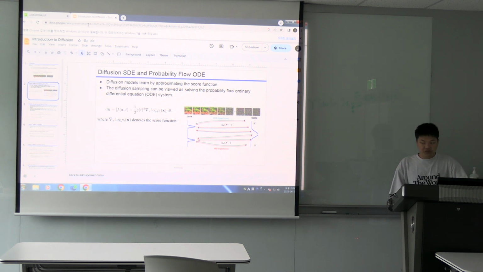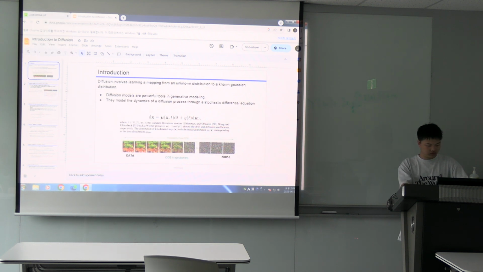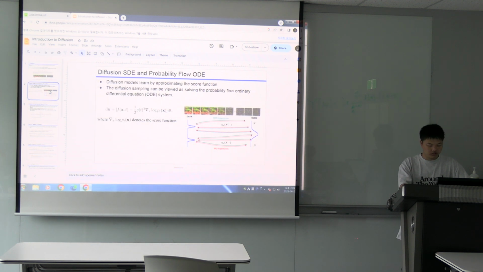Can I ask you a question? Yes, go ahead. What is the drift coefficient, and what is G, and how could you look at the first equation on the other page and relate it to the equation shown on the following page?